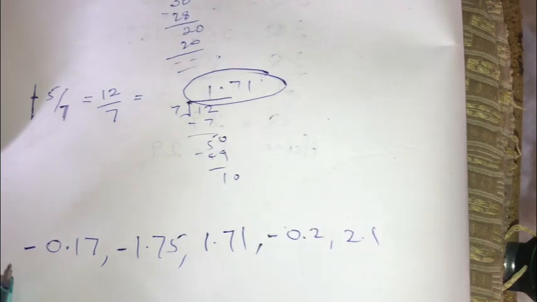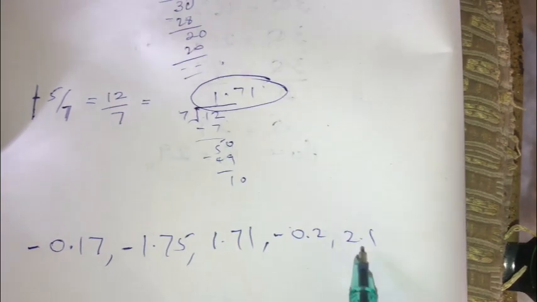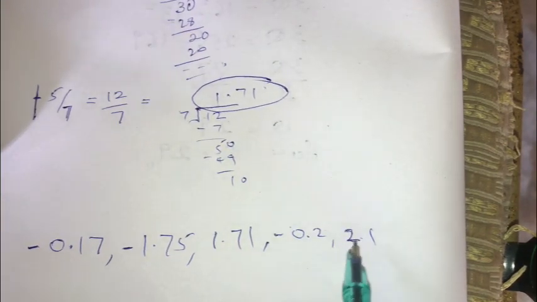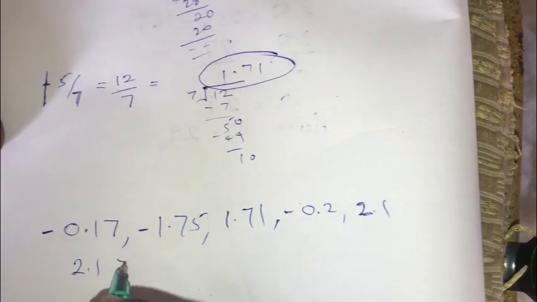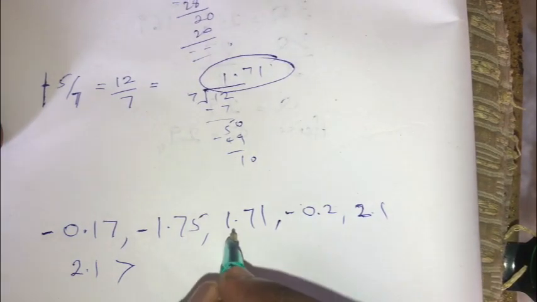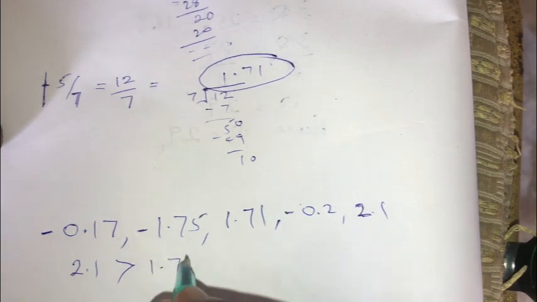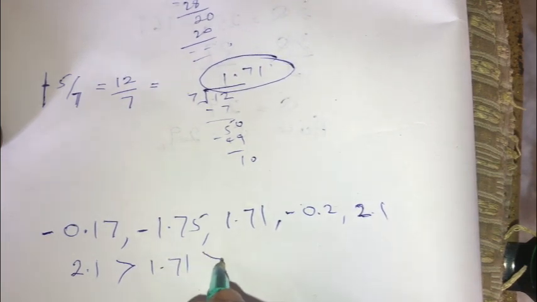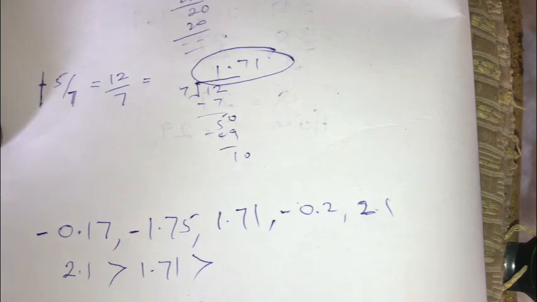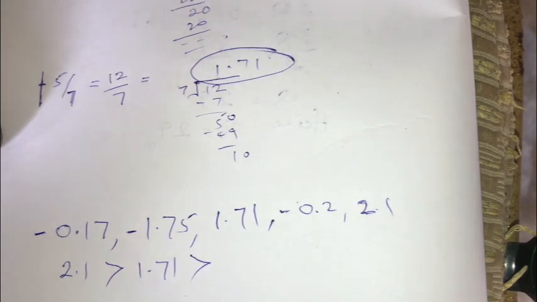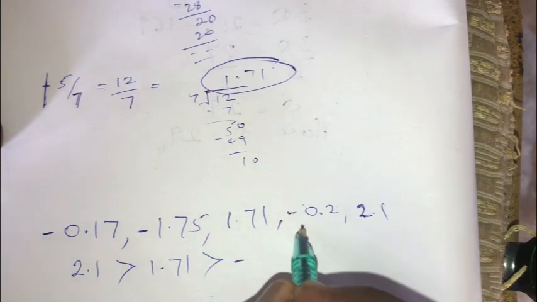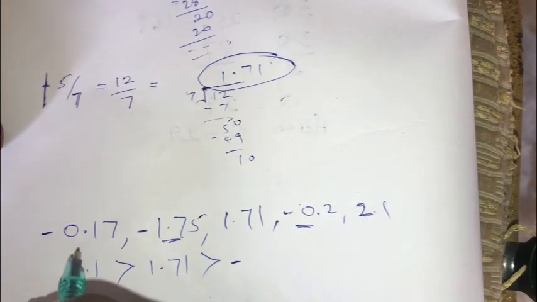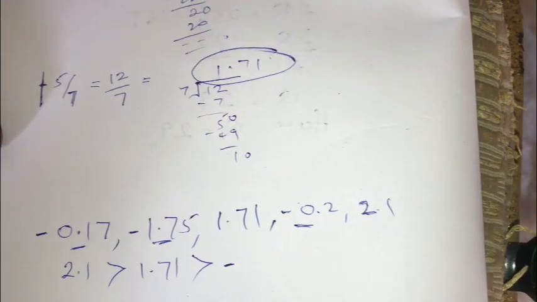So looking at this, which number is the biggest? That's 2.1. 2.1 is greater than 1.71, since we have positive numbers in here, and that one is also greater than the negatives. Among the negatives, which one is the smallest?